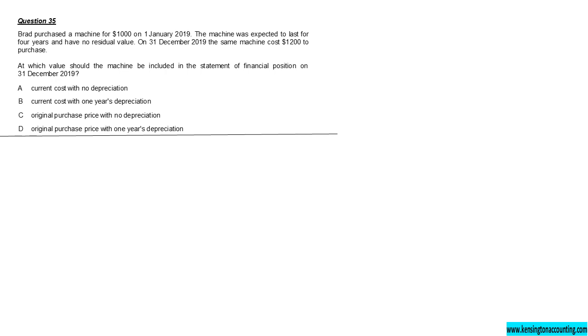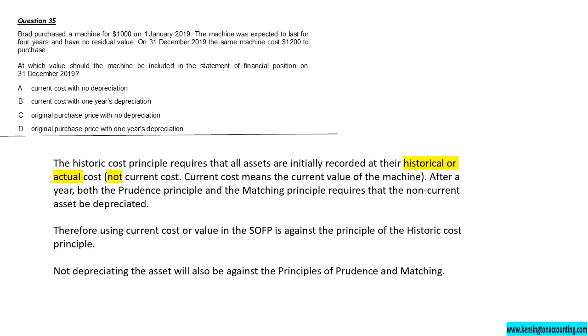Now, there are 3 principles here. The first principle is the historic cost principle. The historic cost principle requires that all assets are recorded at historical or actual cost initially. Therefore, this current cost, which is a replacement cost, is wrong. Therefore, answers A and B are no good.